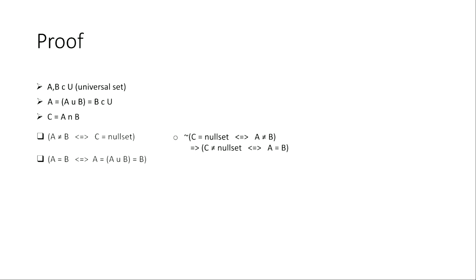We find that C can't be a null set if and only if A is B, which by the second lemma means that A is a union of B, which thus would imply that C must be the same size as B. It would, as well as A, because A and B are the same, right?